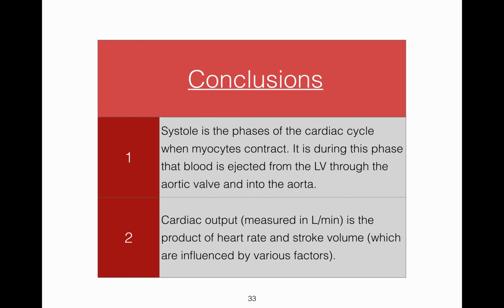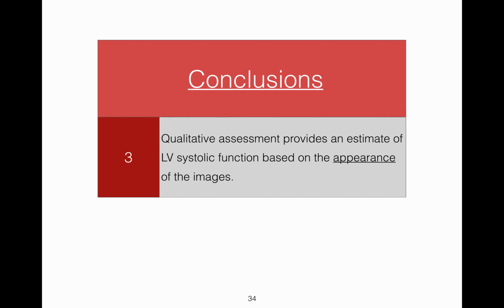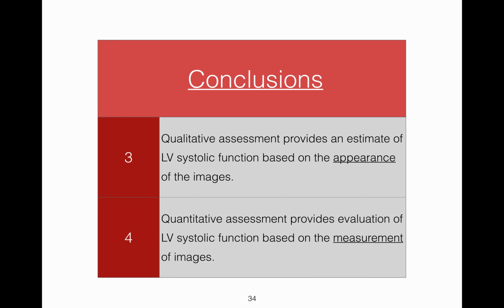Cardiac output, measured in litres per minute, is the product of heart rate and stroke volume, which are influenced by various factors. Qualitative assessment provides an estimate of LV systolic function based on the appearance of the images. Quantitative assessment provides evaluation of LV systolic function based on the measurement of images.